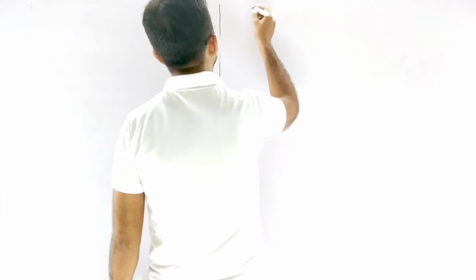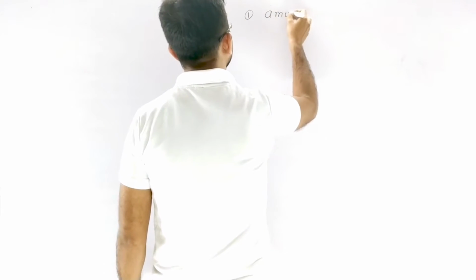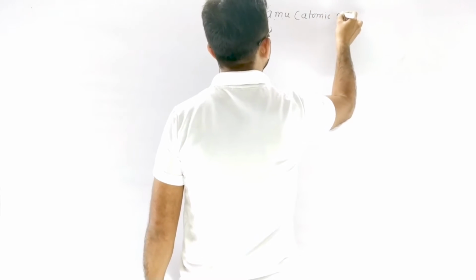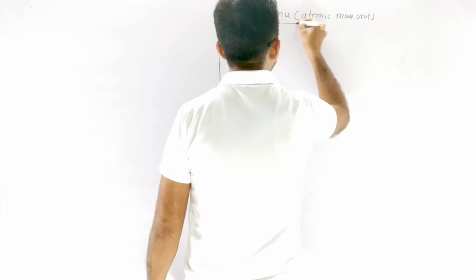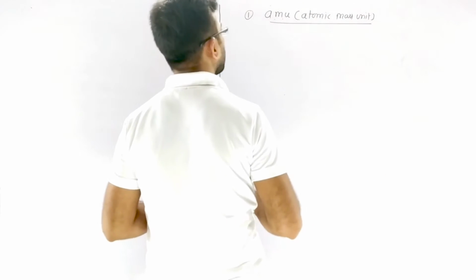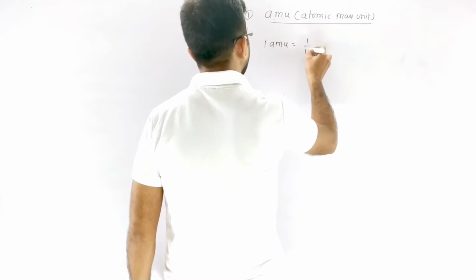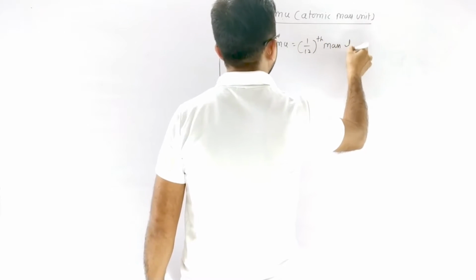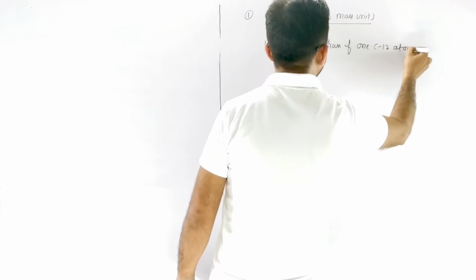So first, in the introduction we discuss AMU, or atomic mass unit. What is the meaning of AMU? Basically, 1 AMU is 1/12th the mass of one C12 atom.